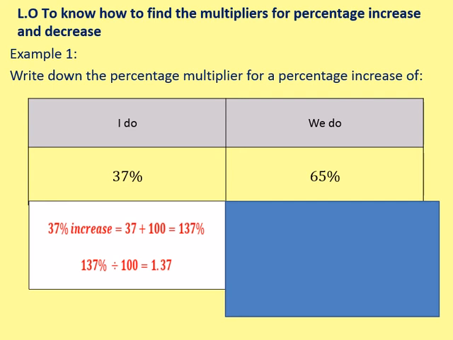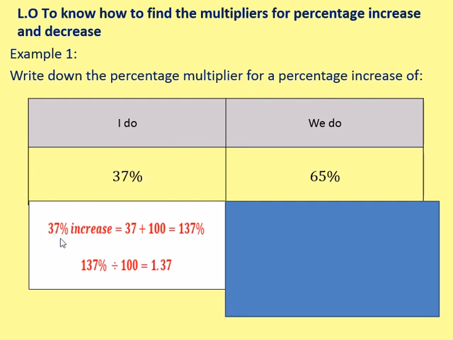Okay, so for the first example, it says, write down the percentage multiplier for a percentage increase of, and for the I do, it is 37%. Effectively, we're trying to find the multiplier, or the decimal, to calculate a percentage increase of 37%.